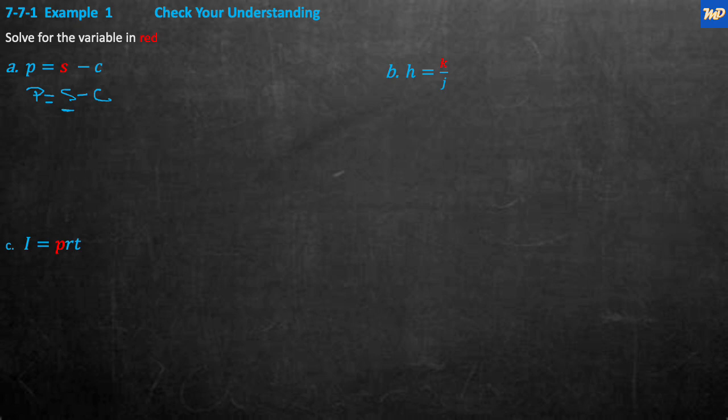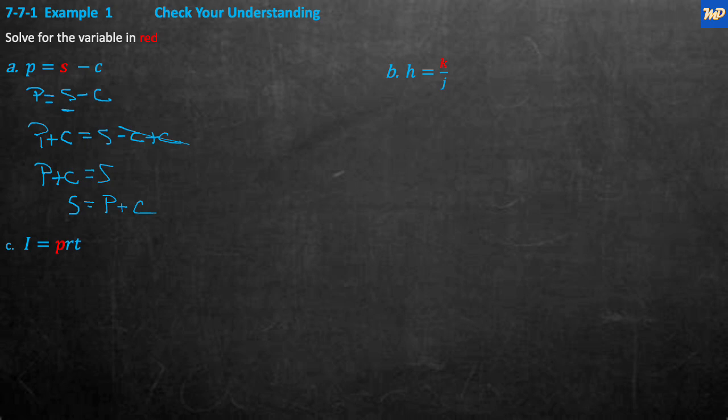So P plus C, because it's minus C, we've got plus C is equal to S minus C plus C. Well, these two cancel each other out, so we're going to have P plus C is equal to S. And you can write it, S is equal to P plus C. Because it's an equation, we can flip these back and forth without any concern.